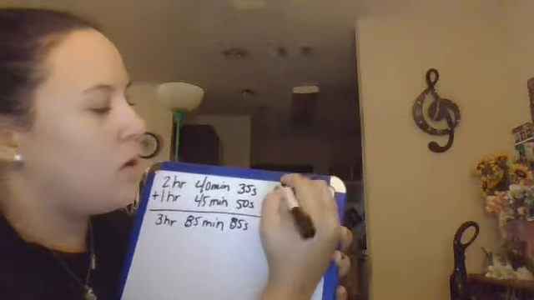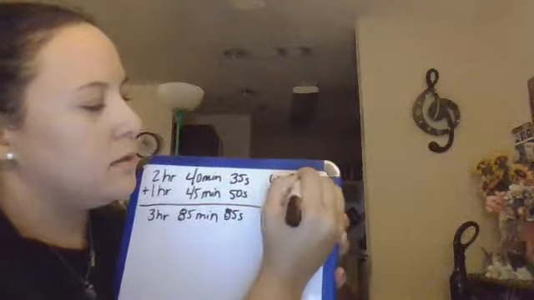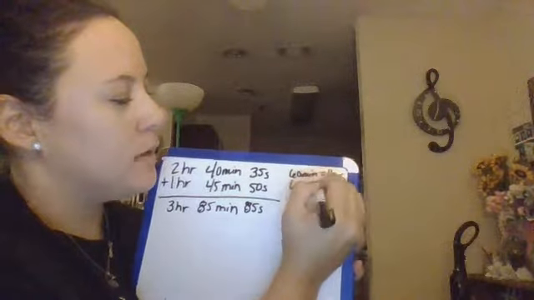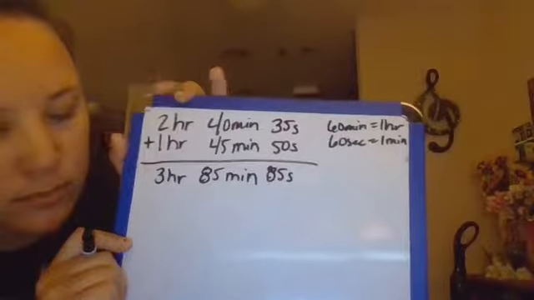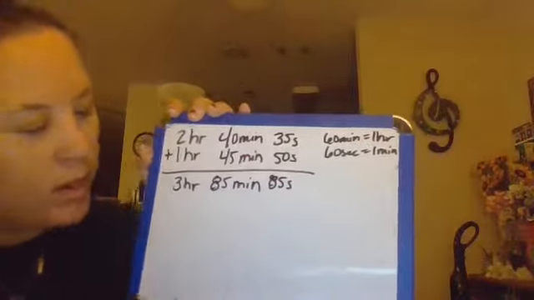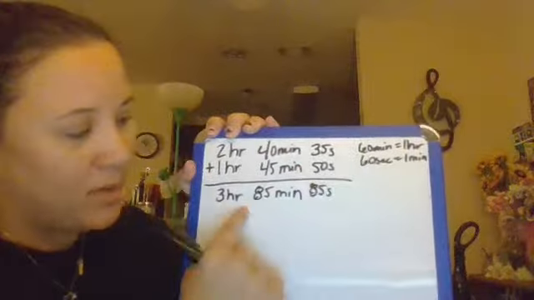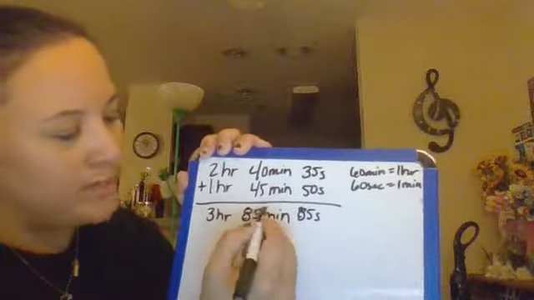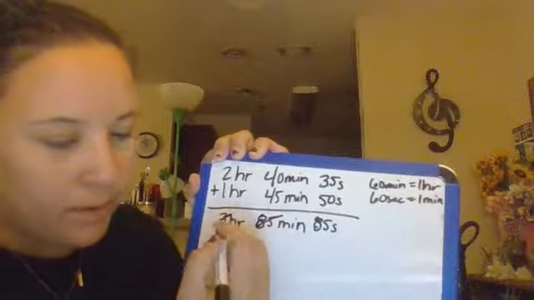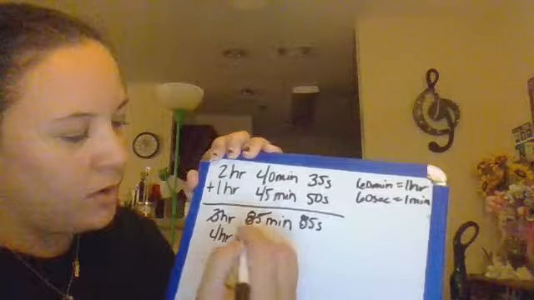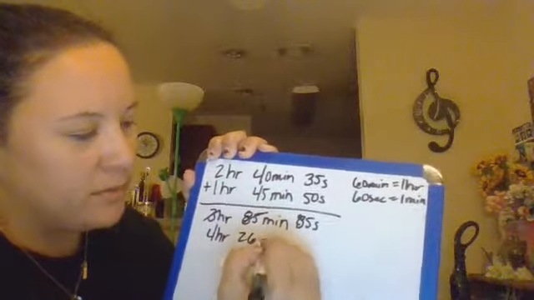All right, so then in our conversions, we know that 60 minutes equals 1 hour and 60 seconds equals 1 minute. So then we look here, 85 is going to be over those 60 minutes, so we have an hour in there. So we pull the 60 from it and add it over to our hour. So this is going to be 4 hours over here and 26 minutes left.